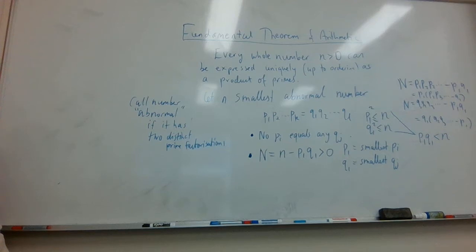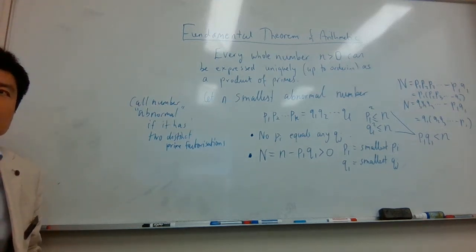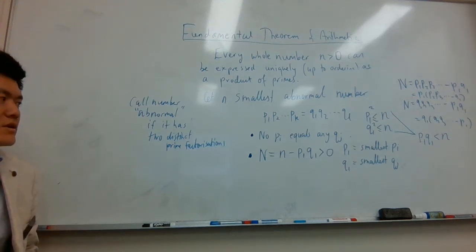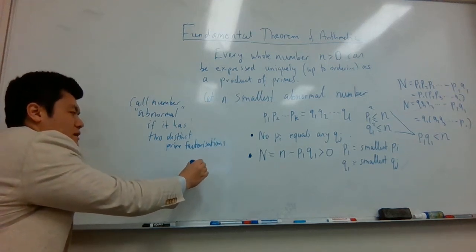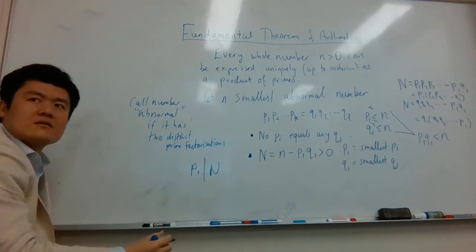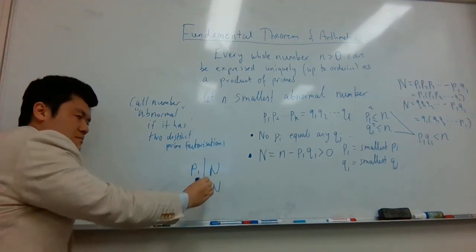Logically, the proof is probably going to show it's an abnormal number based on what we've said. What's a really obvious thing we can say about capital N? Well, it divides P1 and Q1. So we can say P1 divides N, and Q1 also divides N.